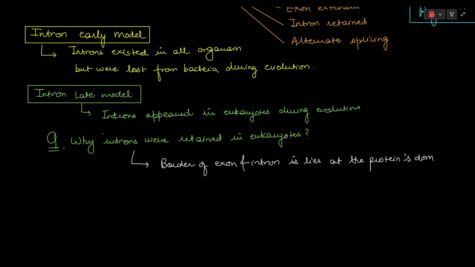A protein can have multiple domains. So usually one exon makes one domain, and the next exon makes the next domain. Using this method, each exon encodes an independently folding unit of the protein, which often corresponds to an independent function. So technically, that's how it works.